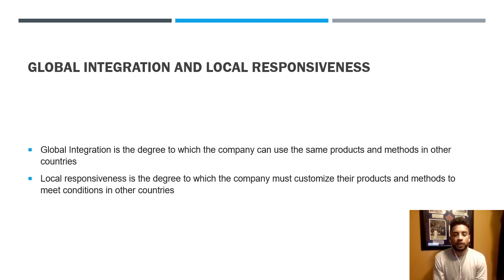Okay, so global integration and local responsiveness. Global integration is the degree to which a company can use the same products and methods in other countries. Local responsiveness is the degree to which a company must customize its products and methods to meet conditions in other countries. Global integration is Amazon saying, our warehouse in the U.S. is working perfectly, our marketing plan is working perfectly, we've got drivers picking up and dropping off next day, same day, two-day delivery, Prime Video, all of that is working so well in North America.